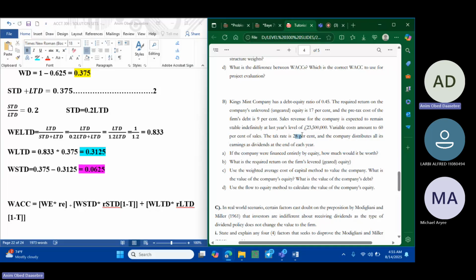It's 28%. Then the return on equity is also 17%. So we factor all these things out to find the value of the equity.